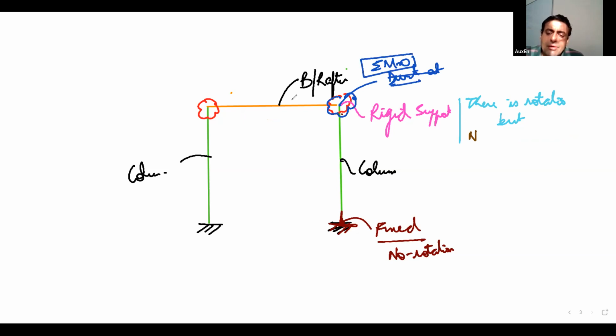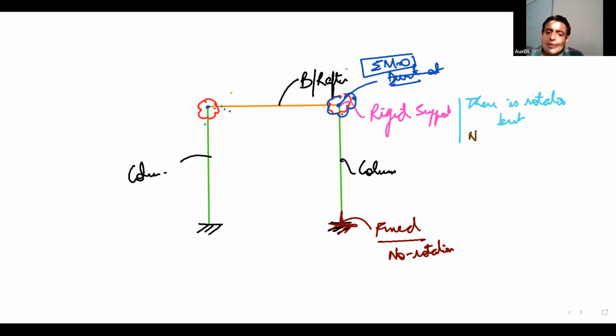The overall summation of the moments at this joint will be 0. If you sum up all the moments at each member connecting at this joint, the summation will be 0, and that is the basis of our moment distribution method also, isn't it? So this is our rigid joint.